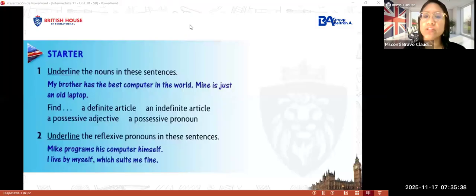Nouns. You know, nouns can be animals, people, or things. So we have this statement: My brother has the best computer in the world. Mine is just an old laptop. We have to underline all the nouns that we can find here. For example, we start from the beginning.